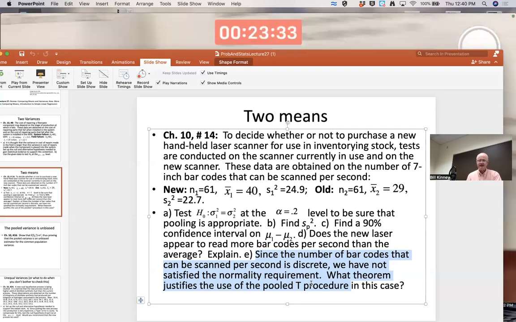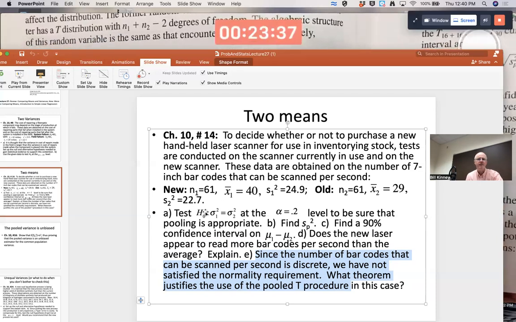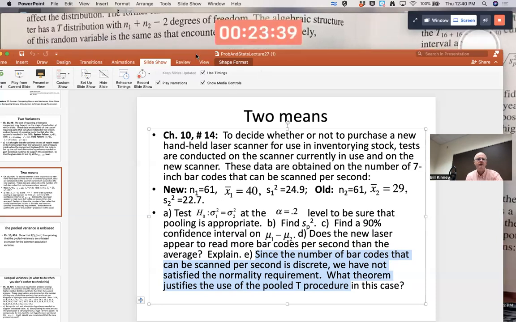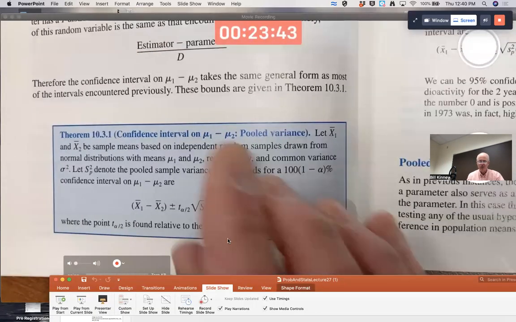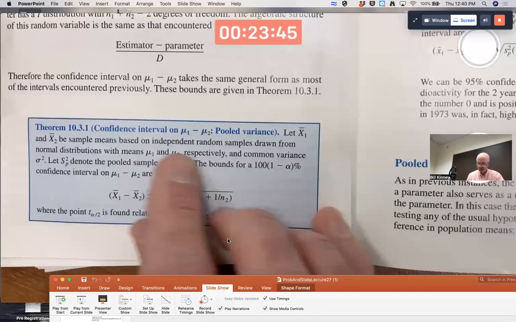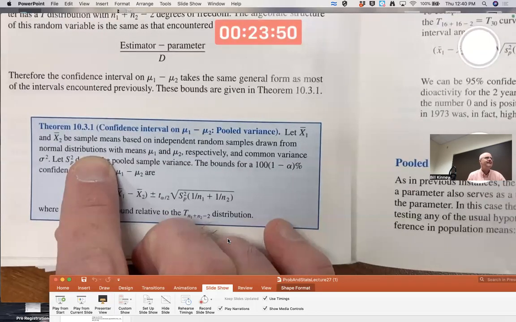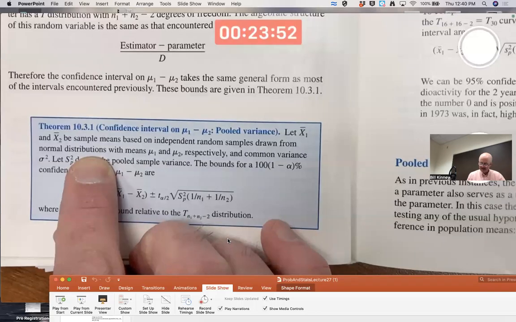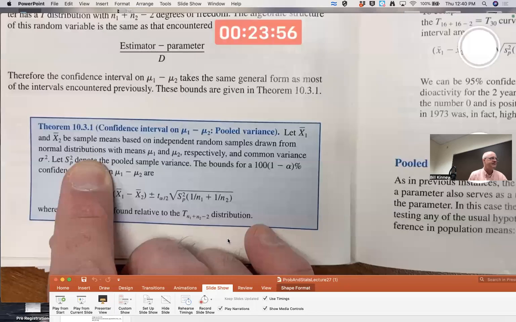Technically speaking, this theorem right here on page 344 does assume these are independent random samples drawn from normal distributions. The central limit theorem says the sample means are approximately normal when the sample sizes are large enough.